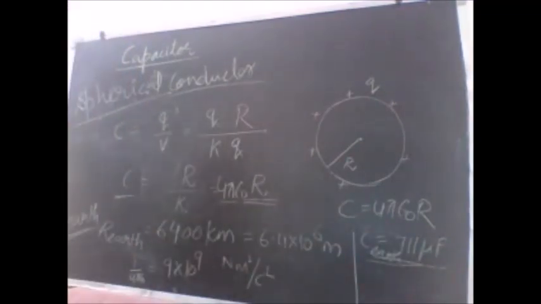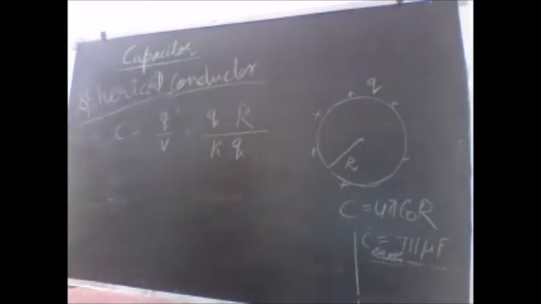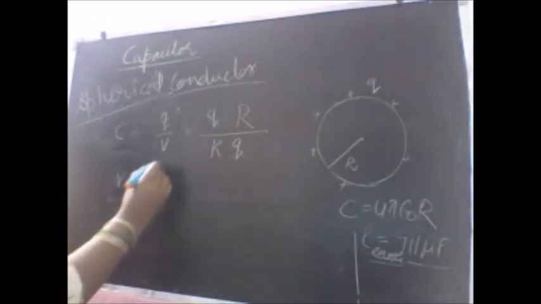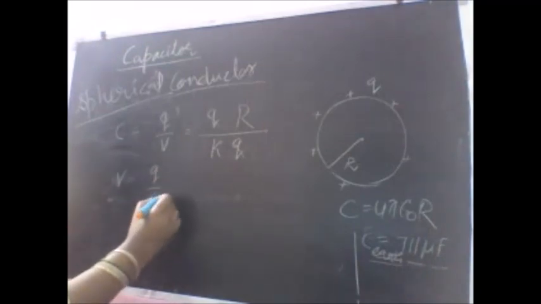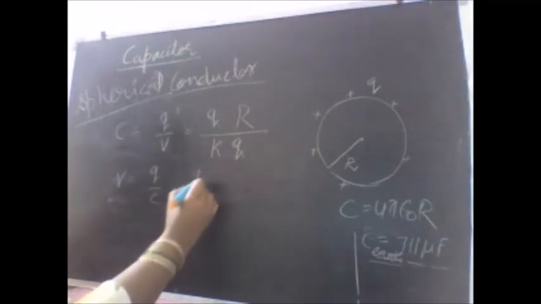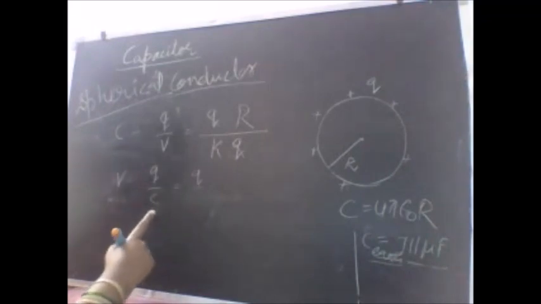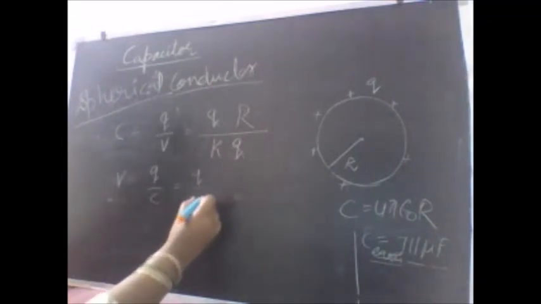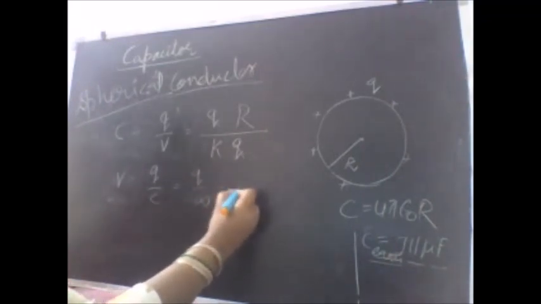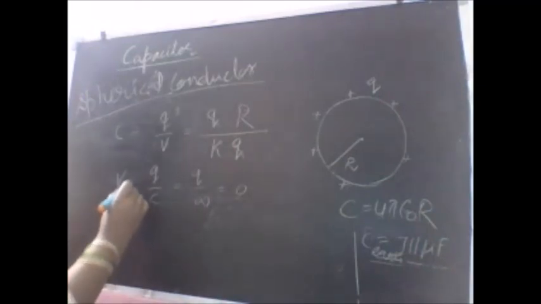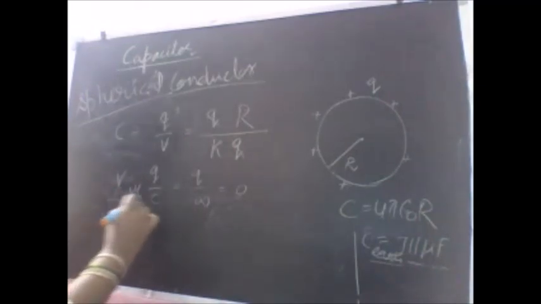Now the question arises, why do we say that the earth is at zero potential? This is the reason. If I go back to this formula and put the value of capacitance to be infinite, let us see what happens. V is equal to Q by C, and taking the capacitance to be infinite, whatever the charge it is storing, anything divided by infinity is zero. So the potential of earth is taken as 0.